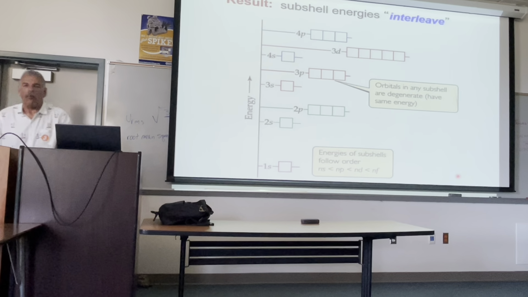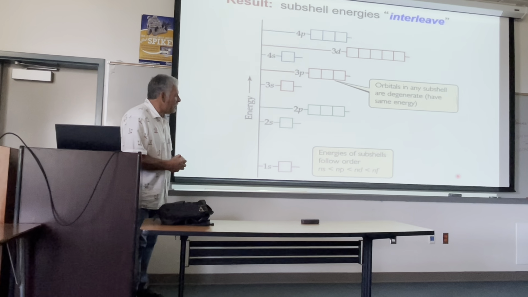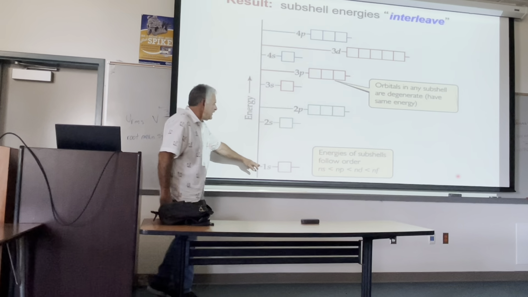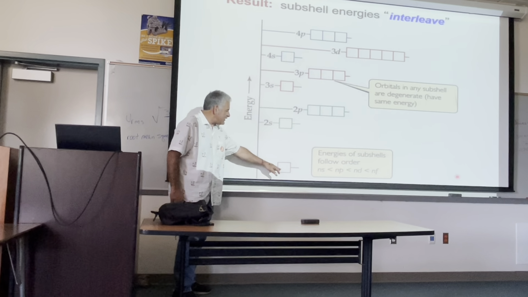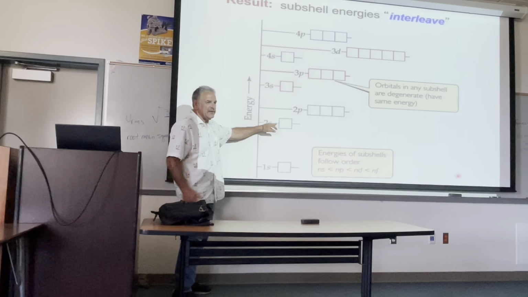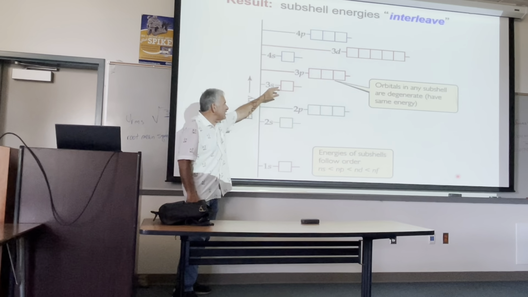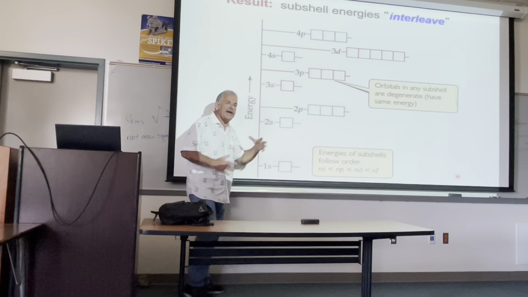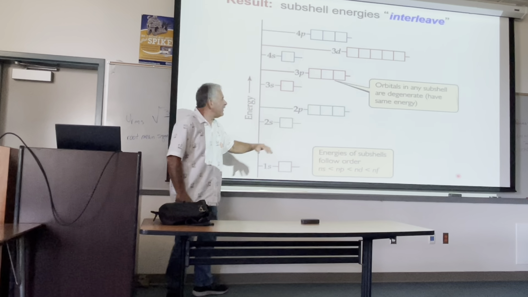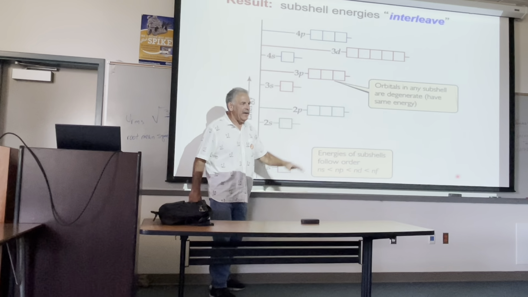Okay. So what does that mean in terms of how we fill out an orbital diagram? So in simple numbers, 1s is the lowest, then 2s, there's nothing to interfere there, then 2p, so it's just our straight progression, 3s, 3p. But then, because of this shielding effect, the 4s is lower in energy than the 3d.